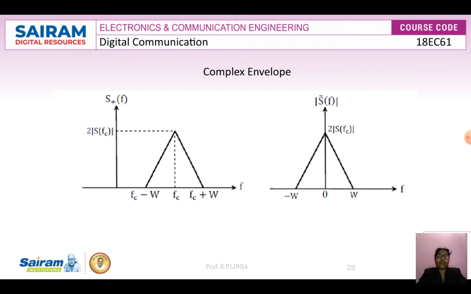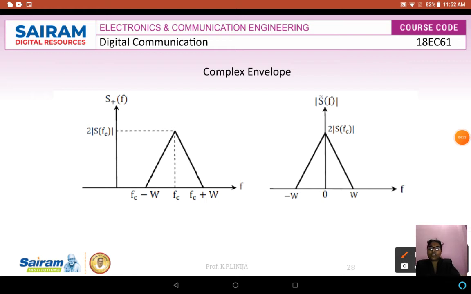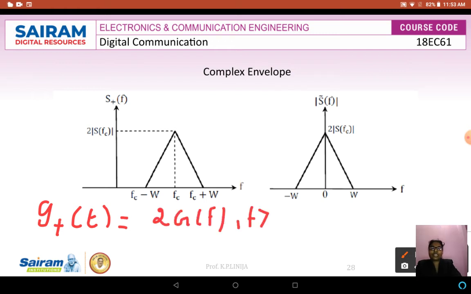In the pre-envelope, we stated once again that G plus of f is equal to 2 G of f for f greater than 0, G of 0 for f equal to 0, and for f less than 0 the value is automatically 0.